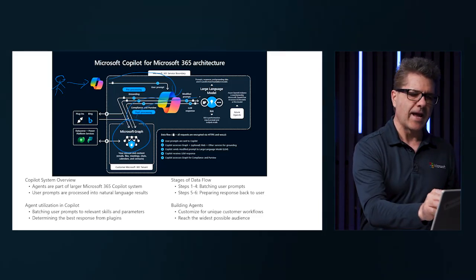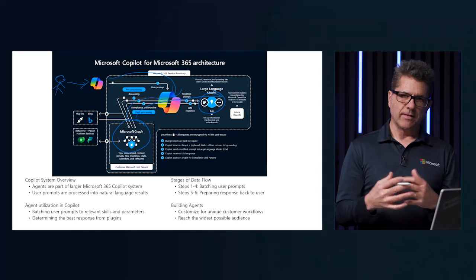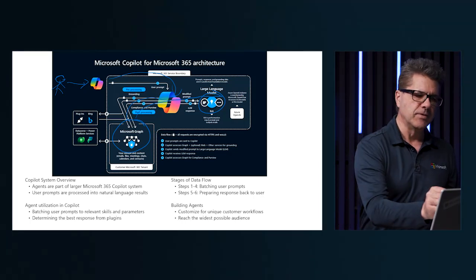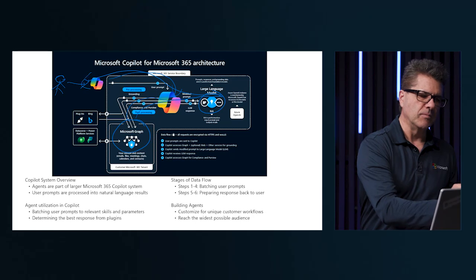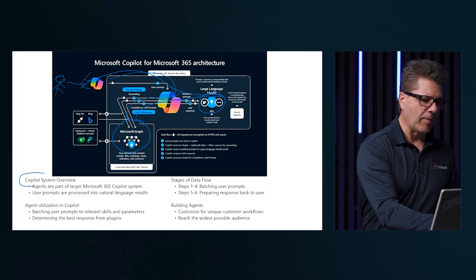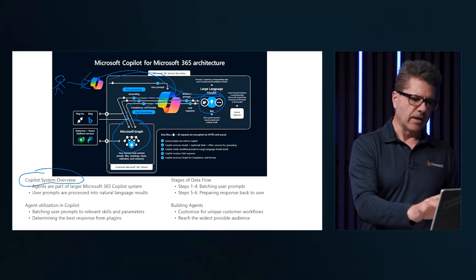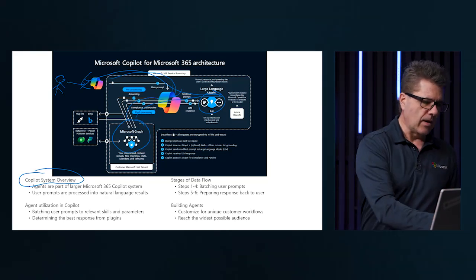And now I can pass that information to the large language model to do its magic, summarize the content, do other things about that meeting. And then the result is going to be sent back to me in the prompt, right? So we begin to see that the Copilot ecosystem is in there with the agents, the large language model, the components. I also see that agent utilization, right?